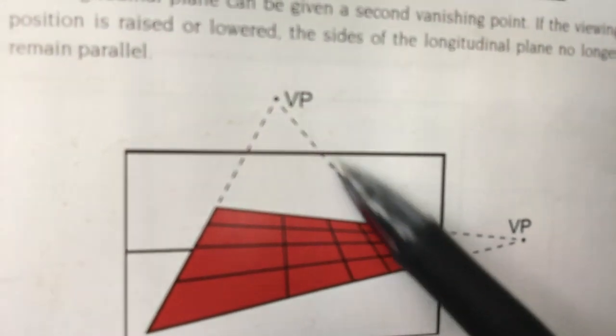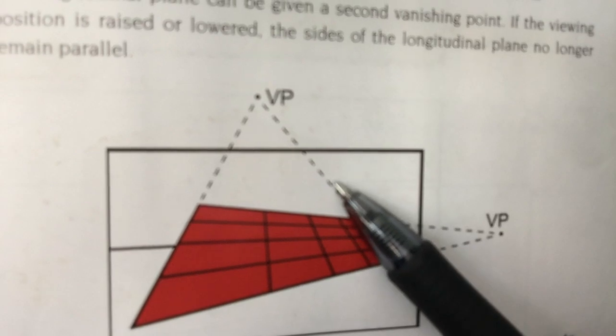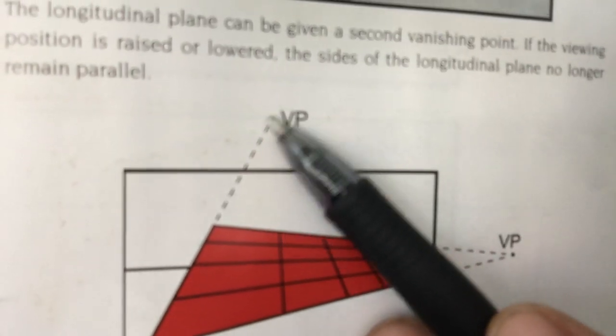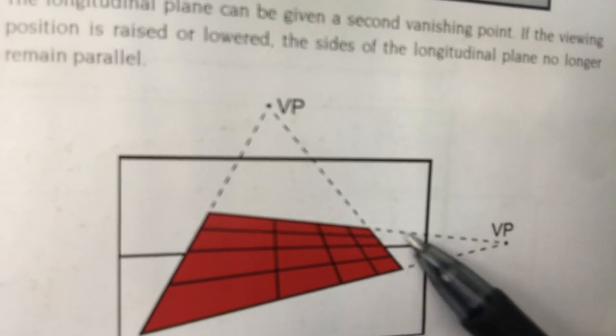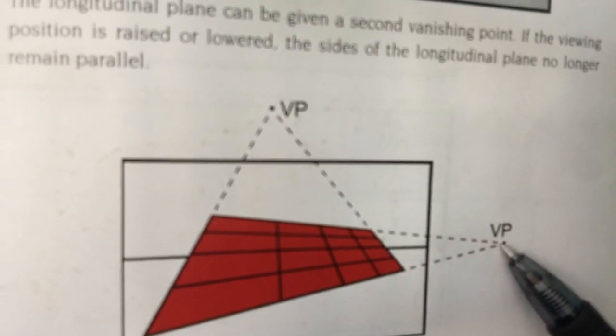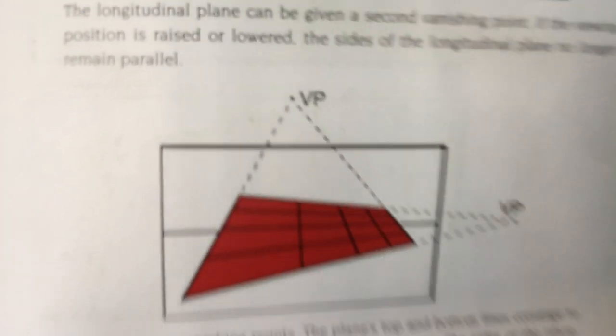So the lines kind of, if they keep going, they're going to meet right up in here somewhere. And then the other one is this one going this way, and they're going to meet this way right here. 2 point perspective. Here's the real world example of that 2 point perspective.